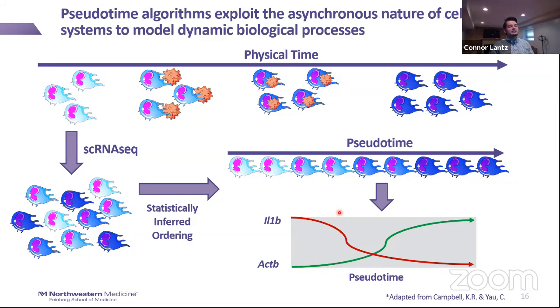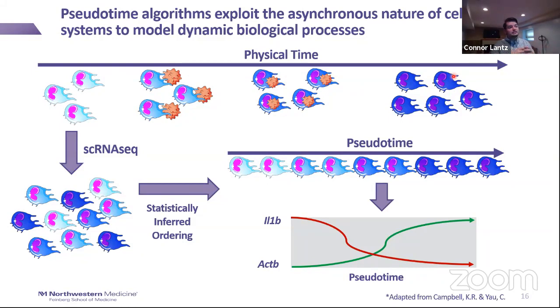What that means is that although I fed my cells all at the same time, it doesn't mean that they're all starting the process of efferocytosis at the same time. So when I collect my cells, I have some macrophages that haven't eaten. I have some that took their time and just started eating. I have some that are probably still in the process of eating. And then I have some that have already finished eating.